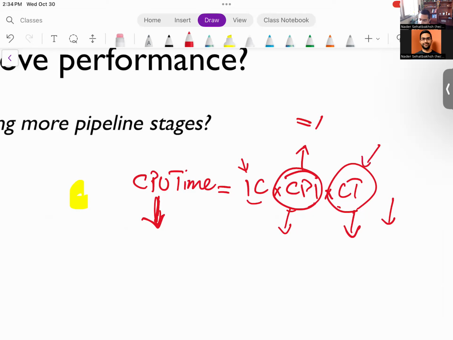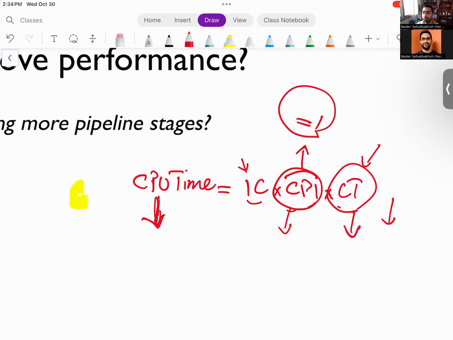For reducing CT, all you can do is add more pipeline stages or use newer technologies. That's what we always do. We still keep adding more and better transistors, and that reduces CT. So that's ongoing. But now the question is, can I do better for CPI? For a pipeline, you've seen that the best you can do is CPI equal to 1.